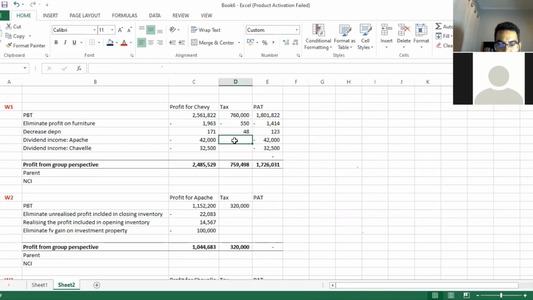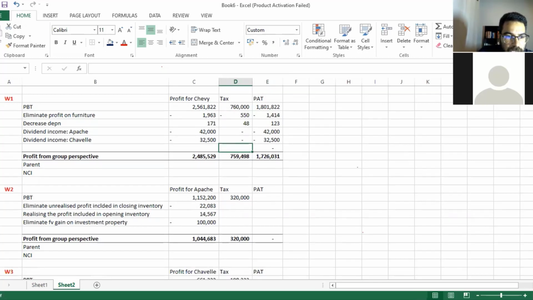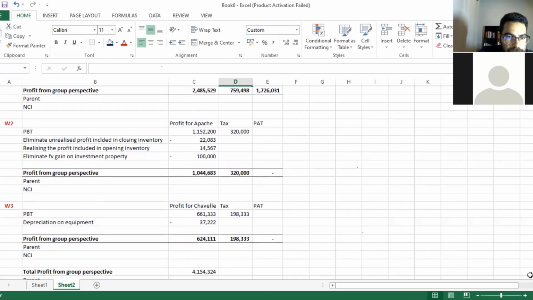On dividends, there's no tax. So remember why there's no tax on dividends. When a company pays tax to another company, it's exempt. So therefore, there's no tax. Okay, so that's fine. Now we come to this one over here. Closing inventory. I'm eliminating profit from closing inventory, so profit decreases.